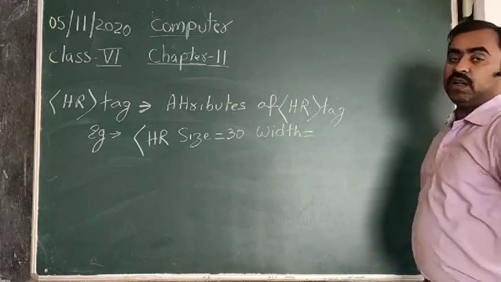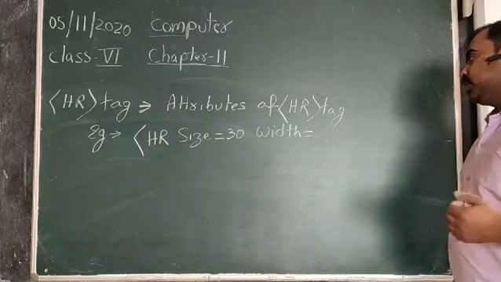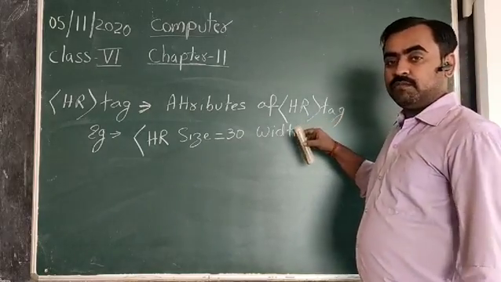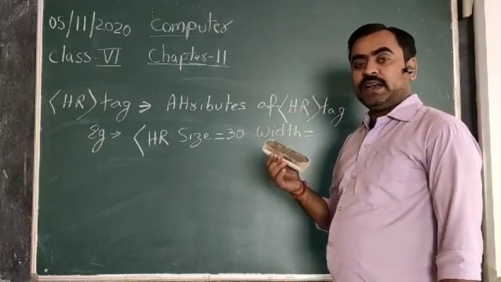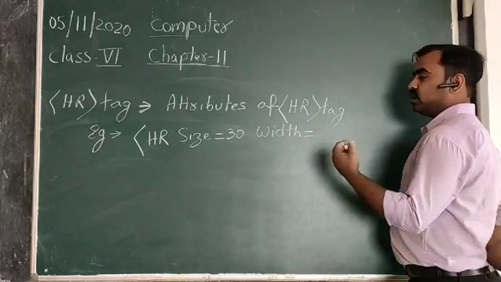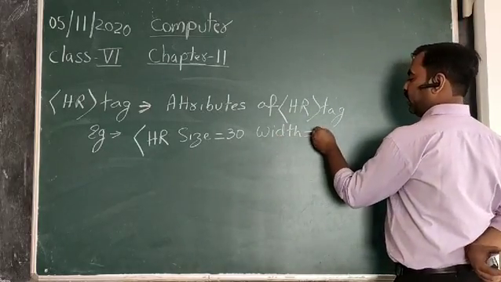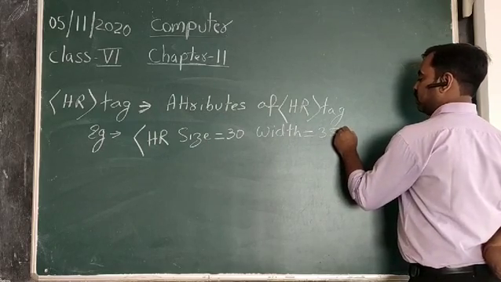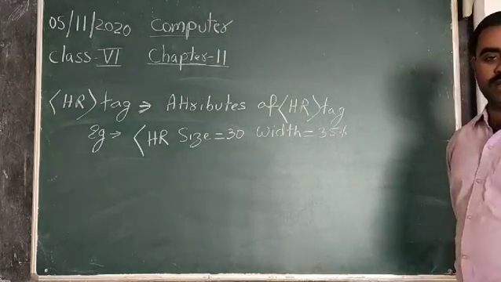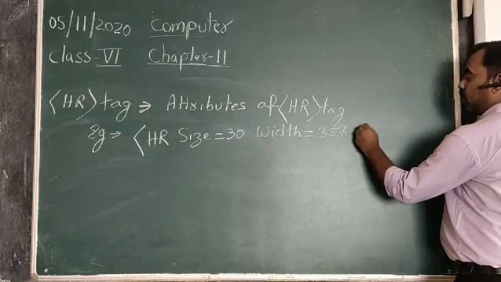You have to specify the thickness of the line. And the value for the width can be given only in the form of percentage. And if you want to have a thick line, you can specify here 35%.